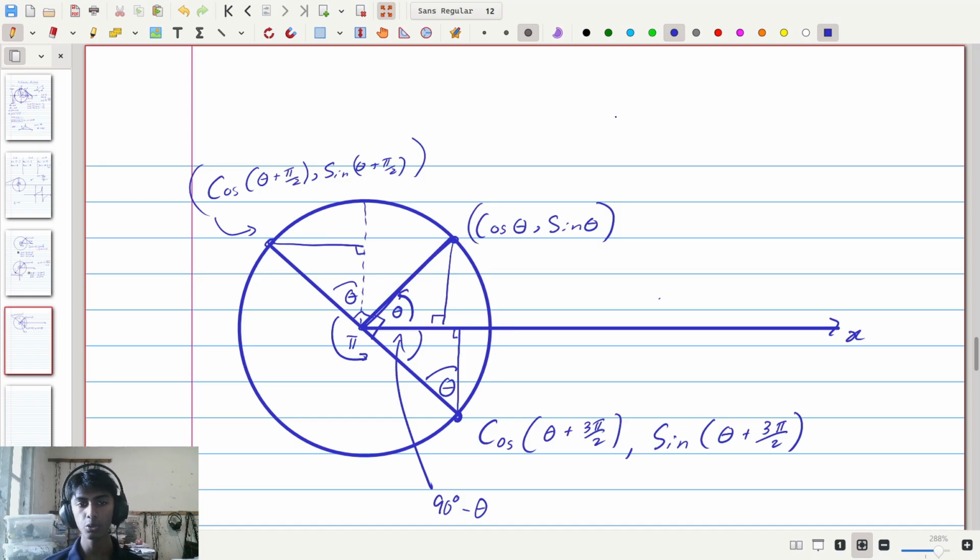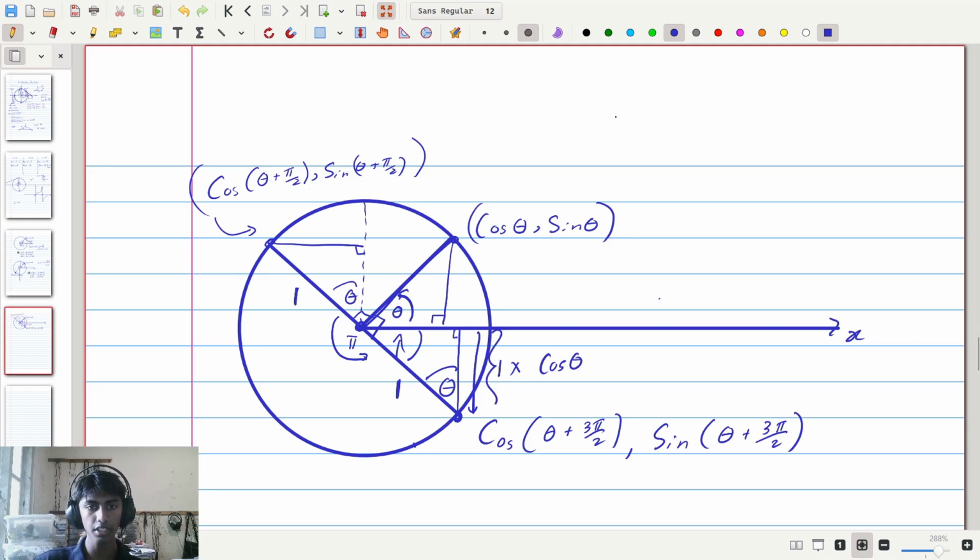Now let's try and use this to figure out the coordinates of those other points. If I erase this thing just to get us a little space, note that this length here to here is a radius of the circle, so this is 1. This length here is also 1. Considering that, we have theta here, which means if we consider the relationship, this is the opposite side, this is the hypotenuse, so that length here would be the hypotenuse times cosine of theta, which is simply cosine of theta.